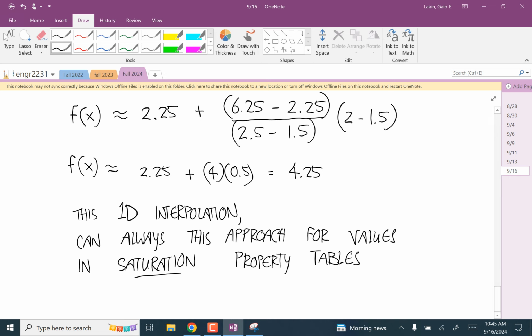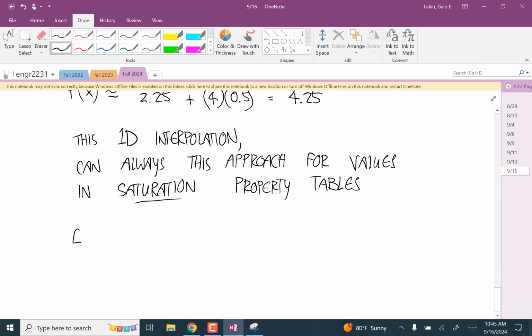Okay, let's just do, do we have 5 minutes? Let's just do a quick example using actual saturation values, instead of a mathematical function.